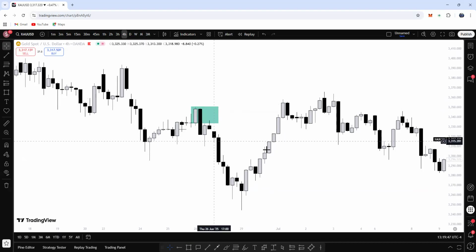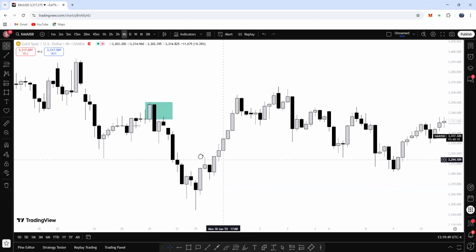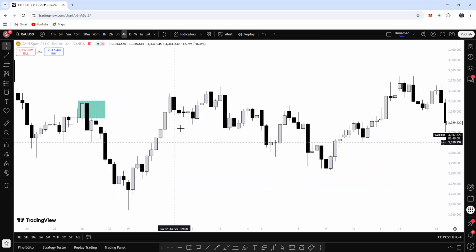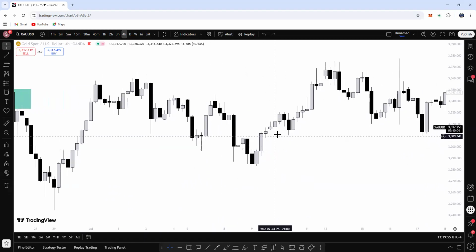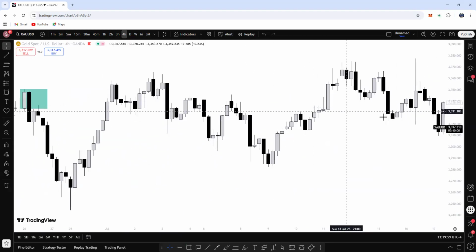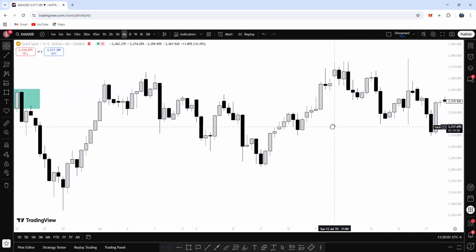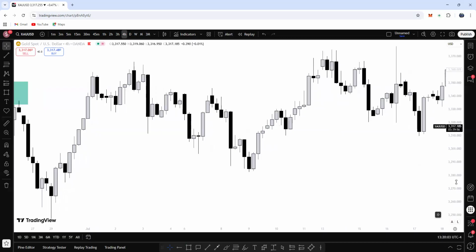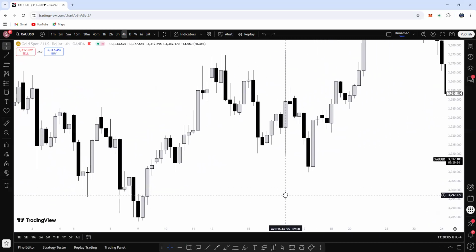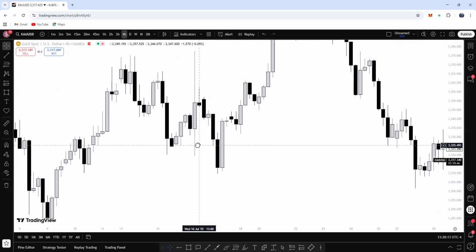So let's look for wick now, where we only have the wick going above. Okay, so this one here. No, I don't want to use that.